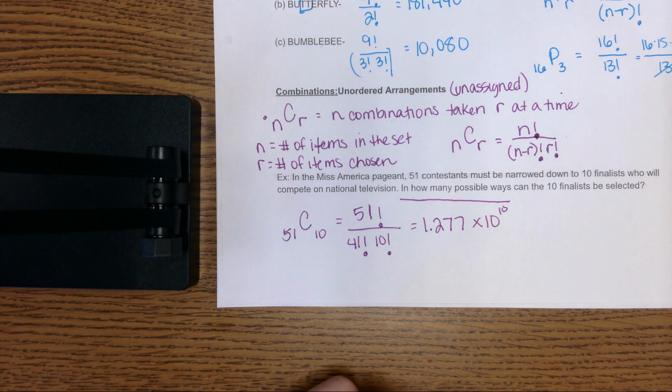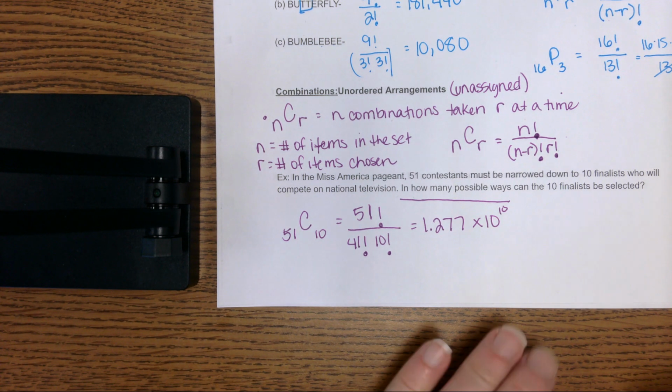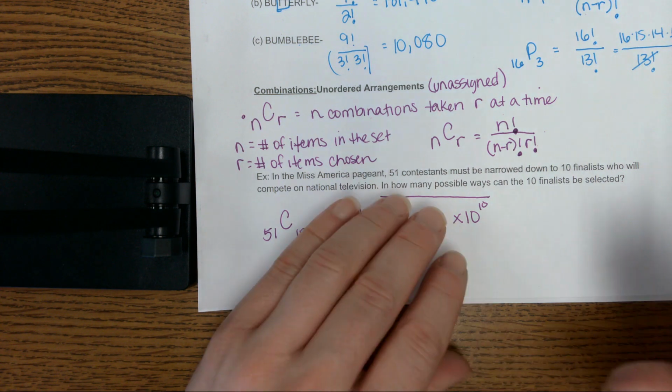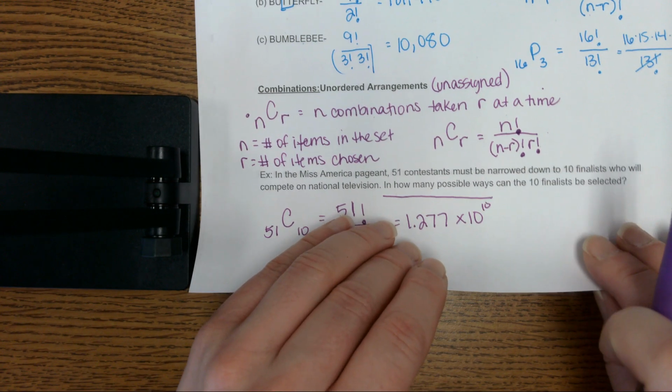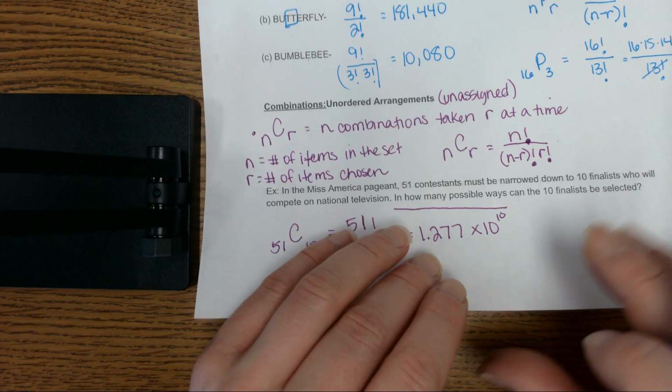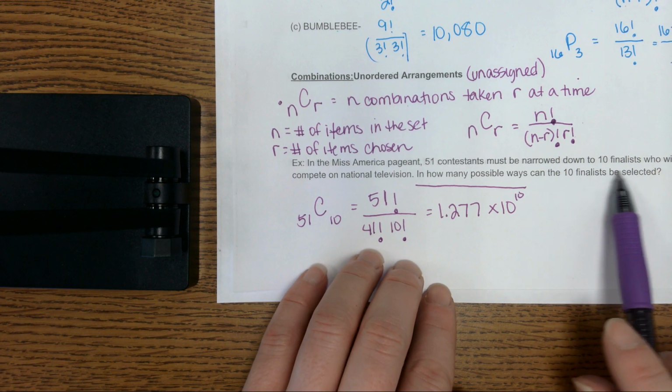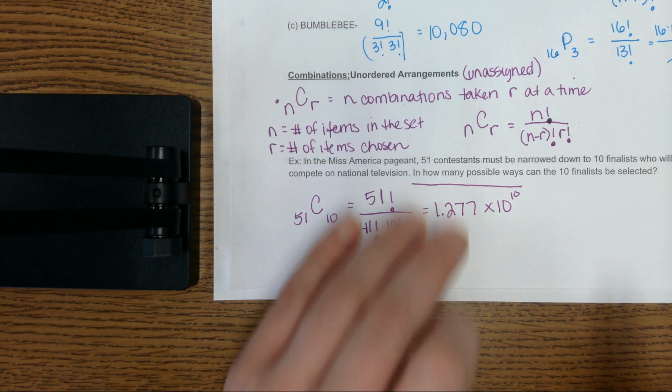So a real lot. That is a lot. Imagine if they were permutations, it would be even more. It's because there's 10, a large amount of things that I'm choosing.